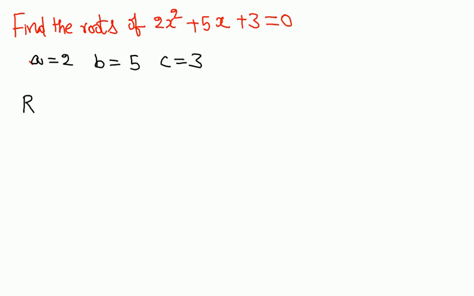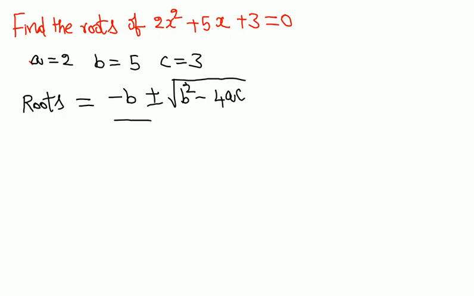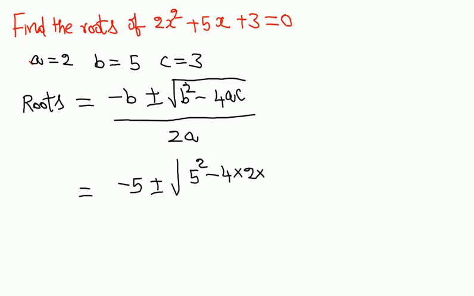Now the roots formula is minus b plus or minus square root of b square minus 4ac whole divided by 2a. Substitute a, b, c values. Then we get minus 5 plus or minus square root of 5 square minus 4 into 2 into 3, whole divided by 2 into 2.